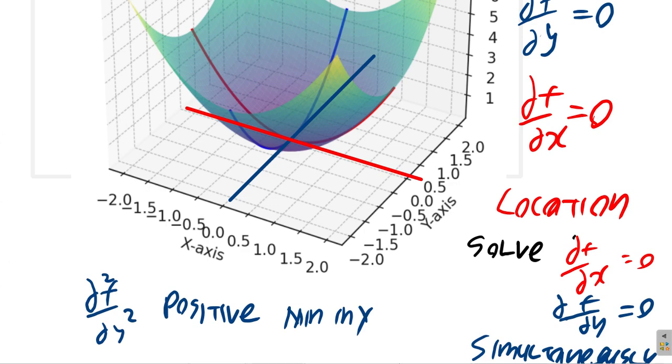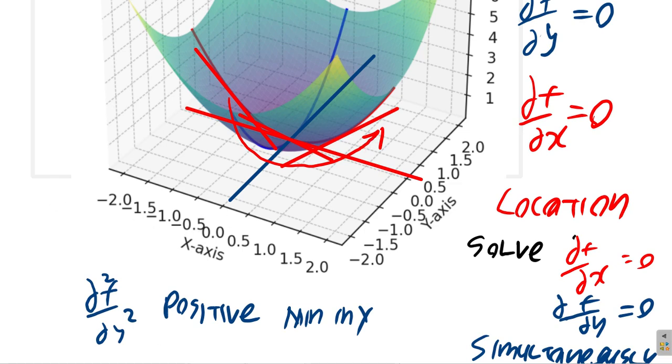If you consider moving along the x and finding the gradients of the tangent, you have tangent here, tangent here, tangent here, you see that as you move in the positive x direction, the gradients of the tangents are increasing.